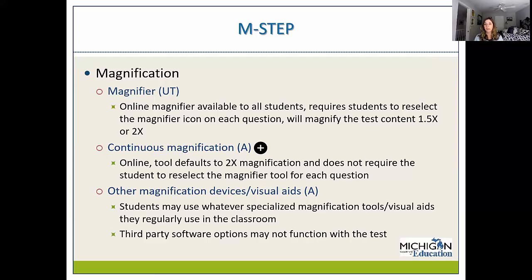And in those cases where a student wants to use this specialized software, perhaps, our recommendation is to try out those tools and software with the online tools training, which are the practice tests essentially for the M-STEP assessment. That ensures that you know that it works or doesn't work before you get to the actual test day itself.